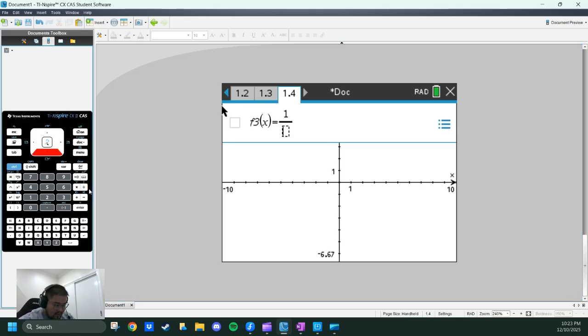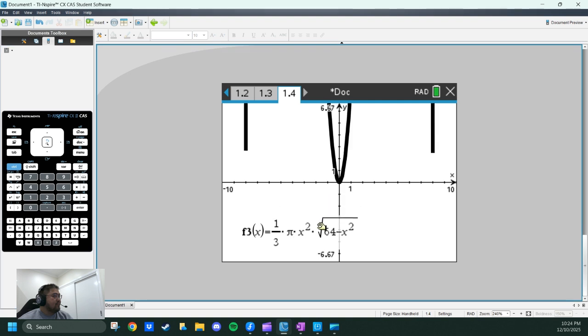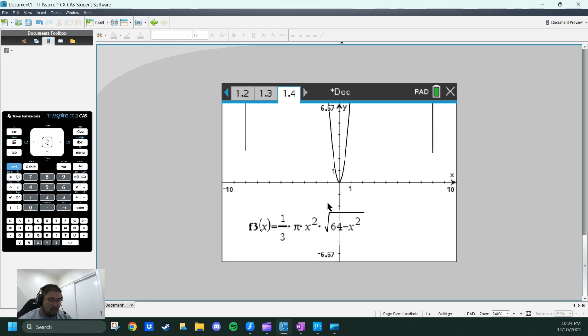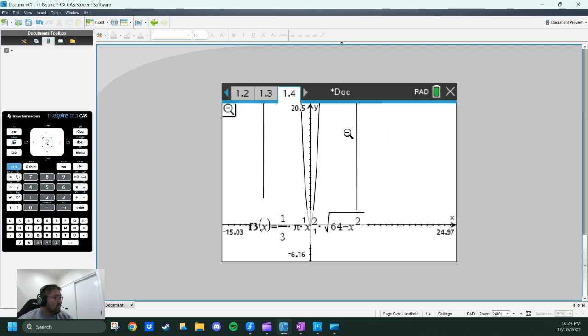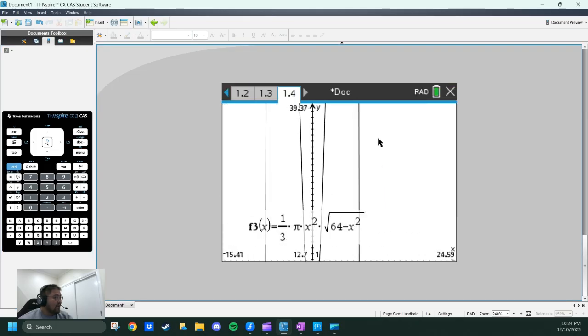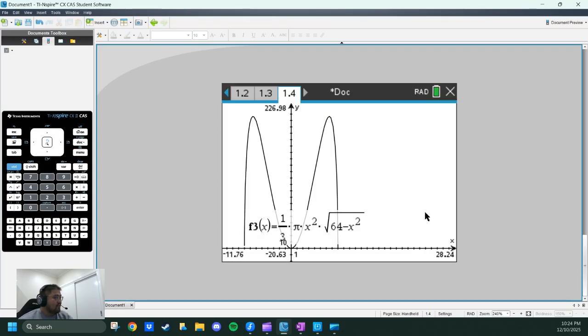So we get 1/3 pi times x squared times the square root of 64 minus x squared. We're talking about the positive domain, so we don't want anything in the negative domain. It looks like I should really be doing zoom out, zoom fit. There we go. And yeah, that's the maximum.